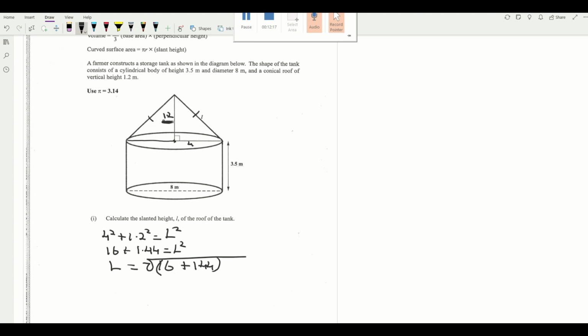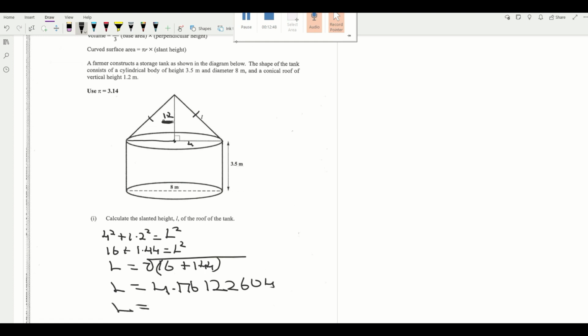Or you could put the square root of open bracket 4 squared plus 1.2 squared close bracket, which is equal to 4.176122604.